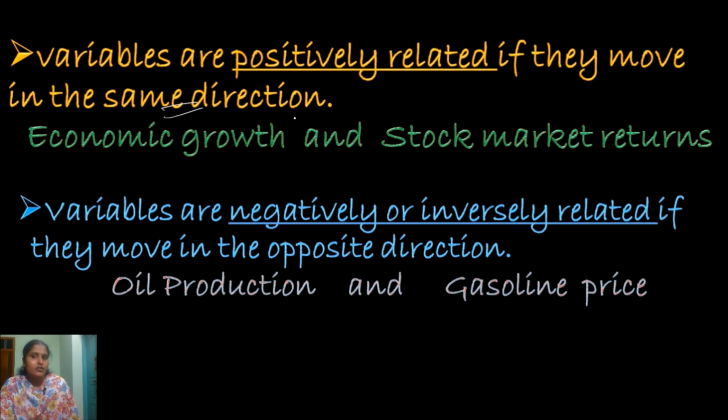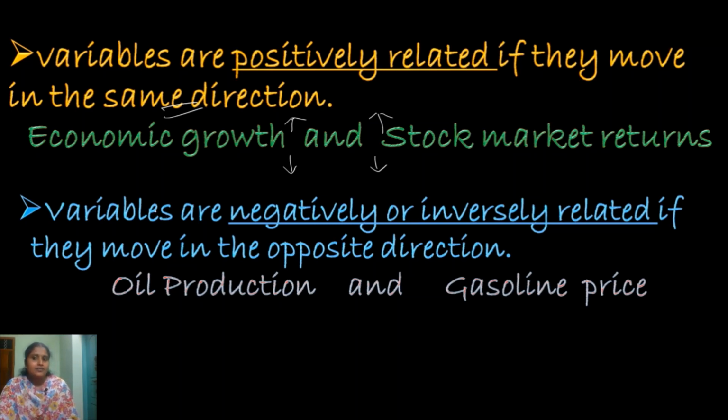If economic growth increases, definitely the stock market return increases. Like that, if economic growth decreases, the stock market return decreases as well. Here both of them travel in the same direction. So here the two variables, economic growth and stock market returns, are positively related since they move in the same direction.